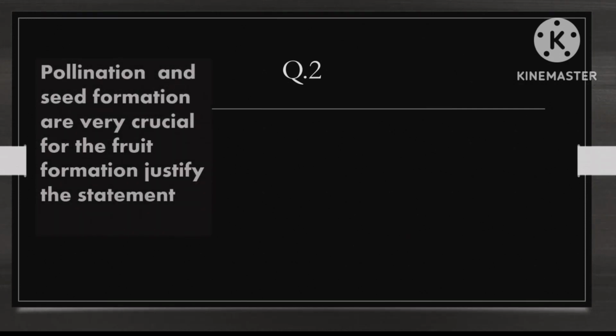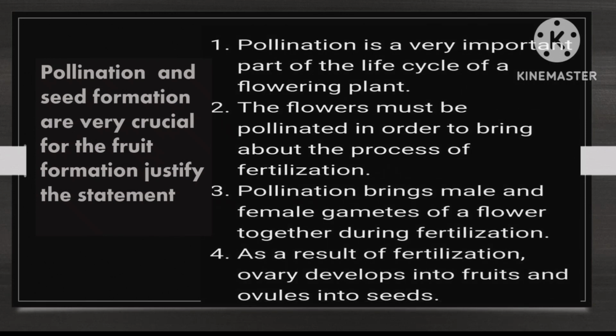Question number 2. Pollination and seed formation are very crucial for fruit formation. Justify the statement. Pollination is a very important part of the life cycle of the flowering plant. Second, the flower must be pollinated in order to bring about the process of fertilization. Third, pollination brings male and female gametes of a flower together during fertilization.